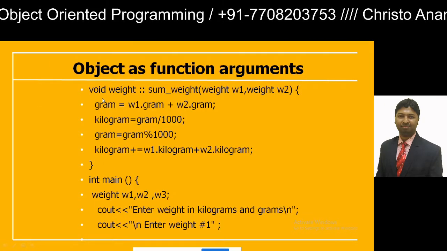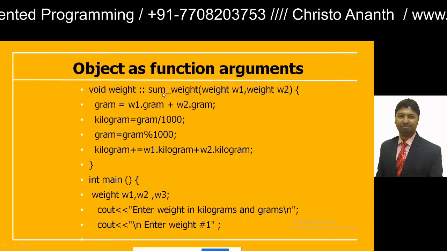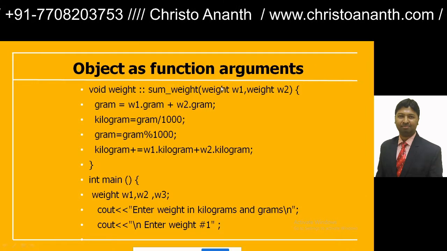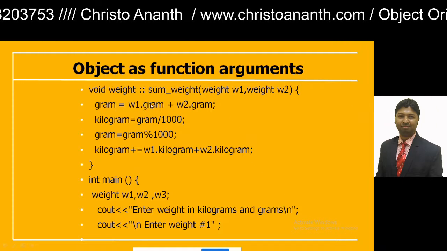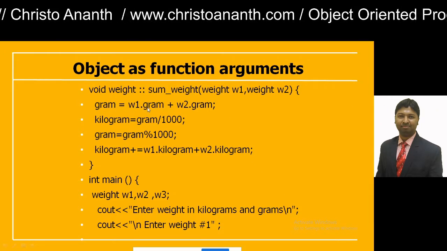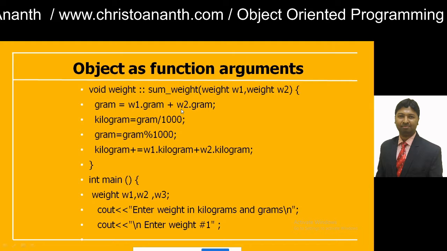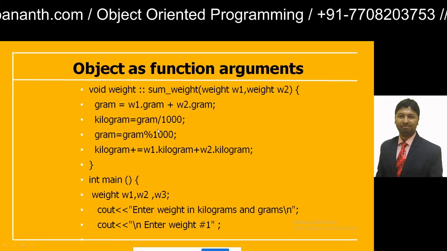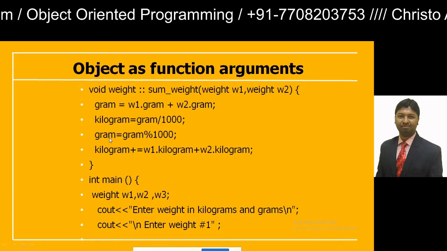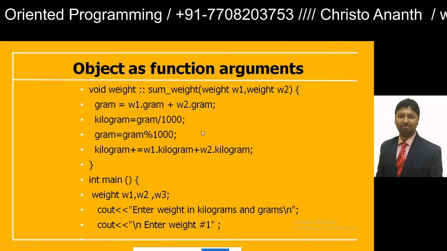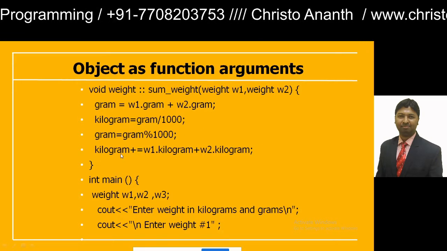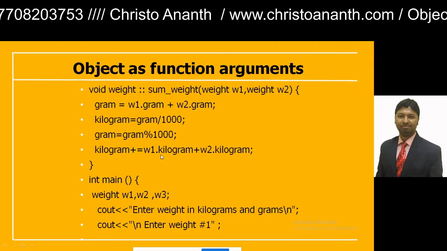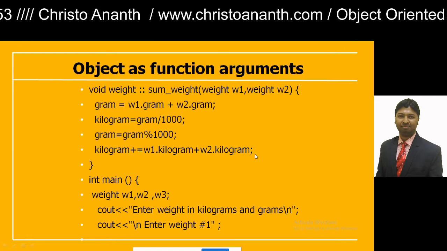Finally you go with the addition, void sum_weight with Weight w1 and Weight w2, which you are going to add. gram equals w1.gram plus w2.gram, kilogram equals gram divided by 1000, and gram equals gram modulus 1000.